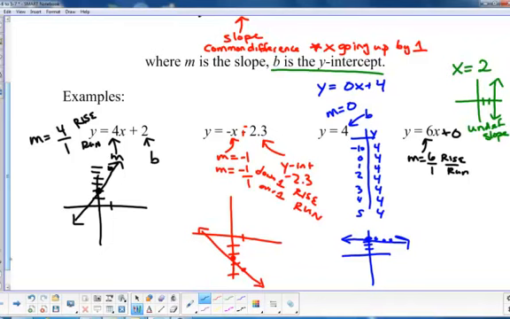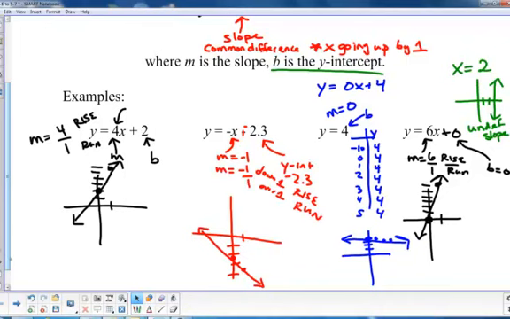And we could put a plus 0 here if that helps, so your b is 0. So 0, 0 is where we start, and then up 6 over 1. And it's even steeper than that first one because it's a slope of 6, and this first one was a slope of 4. Bigger the slope, the steeper it is.